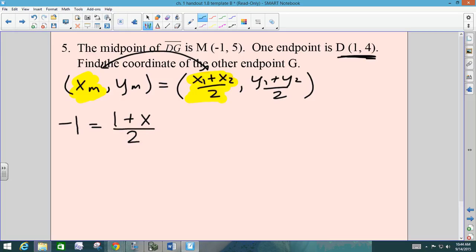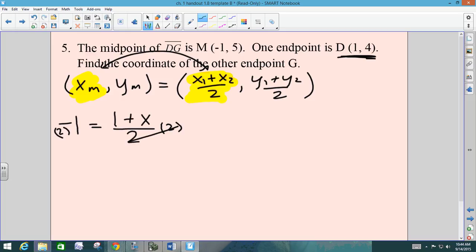Divided by 2. I'm trying to get x by itself. So I have to get rid of the 2. It's divided by 2. So how do I move something to the other side if it's dividing? Multiply, right, Brady? Okay. Or double it. I think that's how you referred to it.